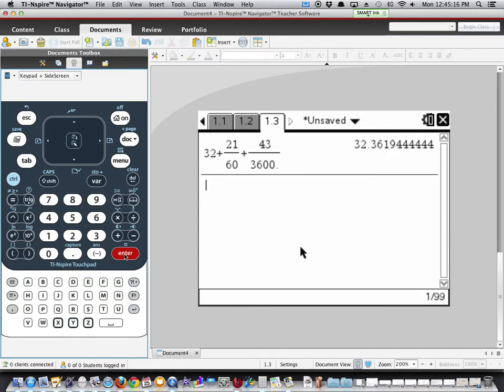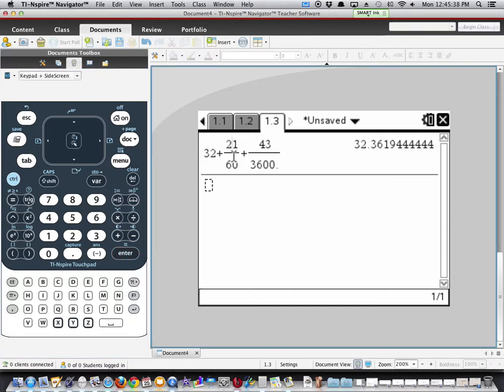So now you see that 32 degrees, 21 minutes, and 43 seconds is actually 32.36194 with the 4 repeating. How many decimals do we need? I only want you to give me 3 decimals. But the point I want to make right here is, I initially said 32 degrees, 21 minutes, and 43 seconds, and look at this long decimal that it gave me.